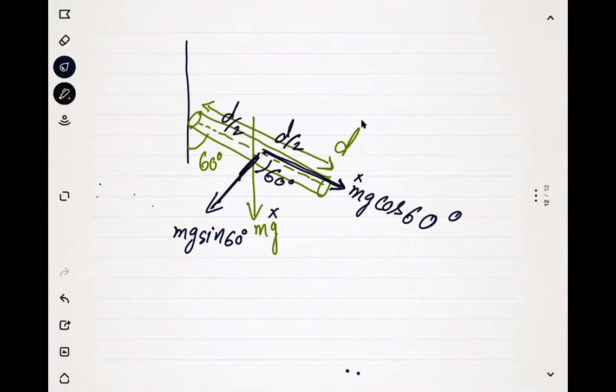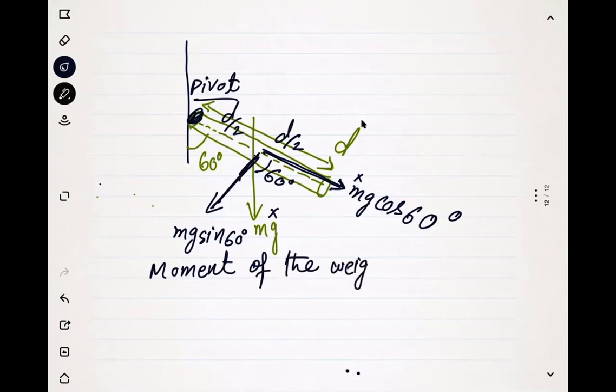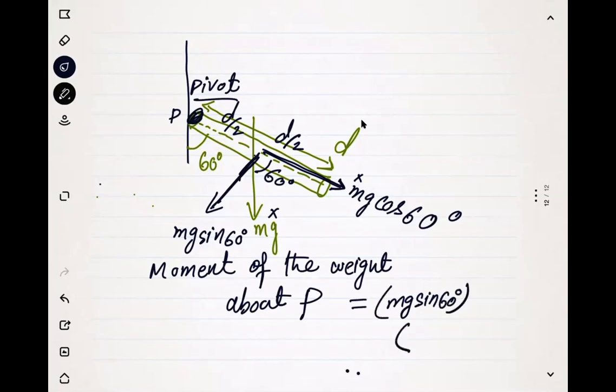So moment of weight about the pivot, this is the point which is pivot. So the moment of the weight about P will become mg sin 60, use the component that is perpendicular and multiply it.